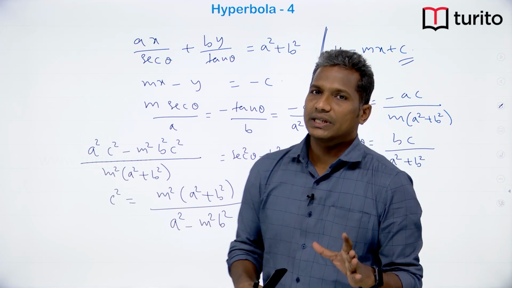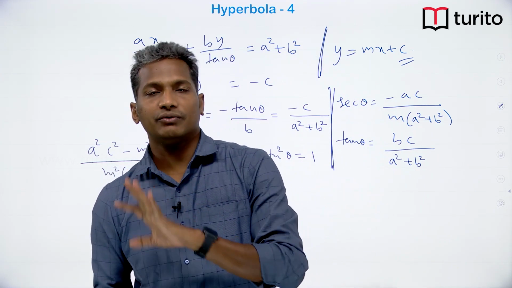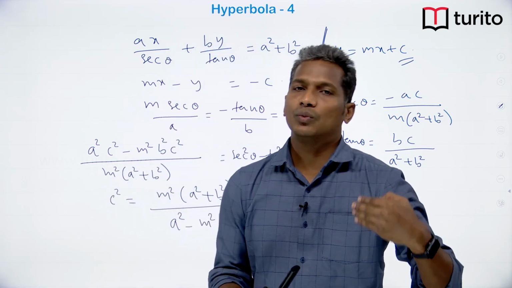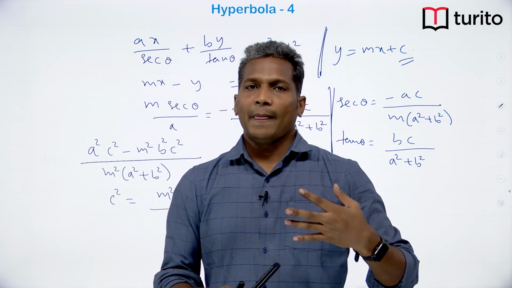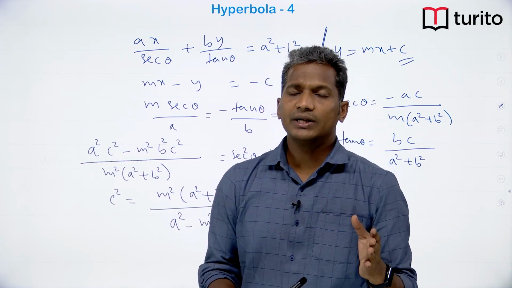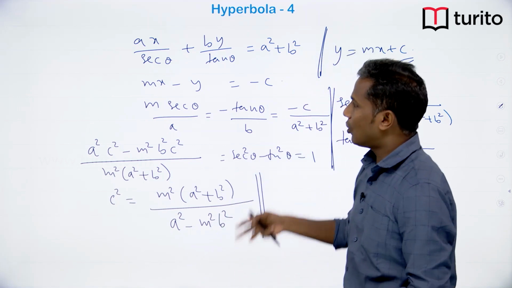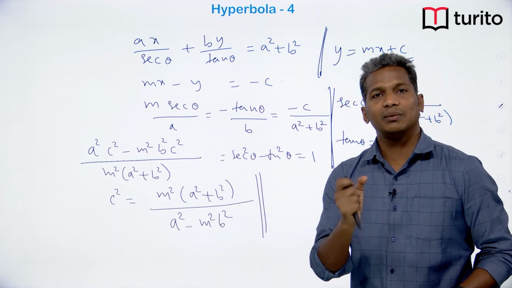So, it is always easy to compare y equal to mx plus c with the parametric form to derive the slope form of the normal. Deriving slope form of tangent is simple, but deriving slope form of normal is going to be a little tougher, but always the parametric form will help you with that.